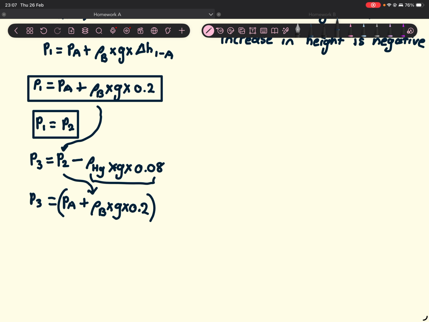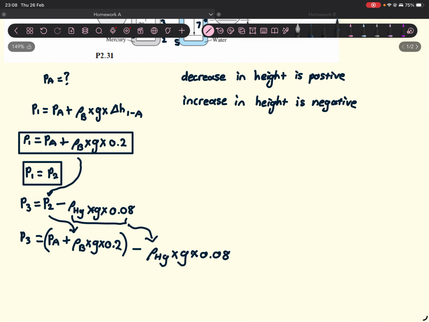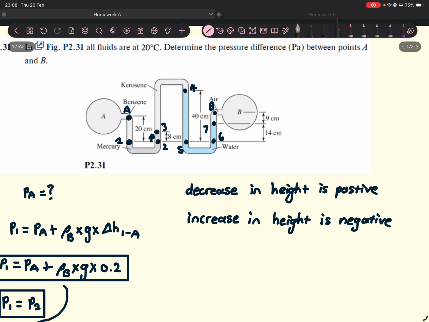Now for that part, it's going to be minus rho Hg times g times 0.08, right? So it's pretty simple. I guess the steps to it are: you always look at your next point that you want to calculate for, and then it's either going to be the previous pressure plus or minus rho g h to the next point, right?